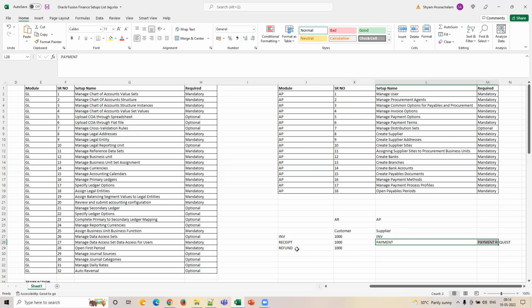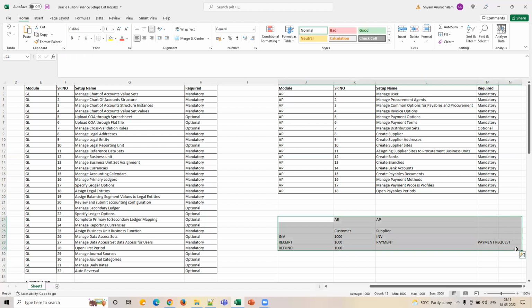When you click on refund, it will automatically get a payment request in the AP module, and your customer will be created as a party in the AP module, and you can make the payment to them. So you are recording in the system that a refund has come from the accounts receivable module as a payment request, and I'm paying to them. This is the general concept of payment request. We'll explain deeply how to do this in the system, but this is the general concept. Remember the concept.